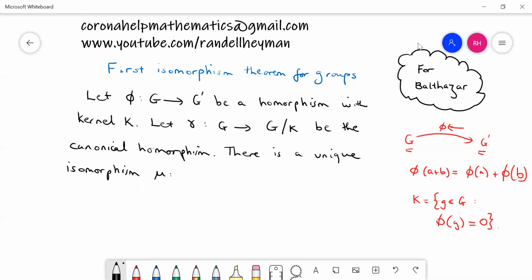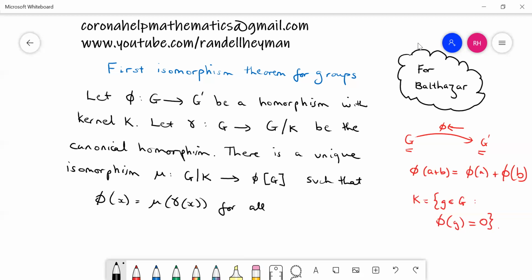It's mu, and it goes from G quotiented out by K to phi of G, which is essentially the range of phi, such that phi of x equals mu of gamma of x for all x in G.